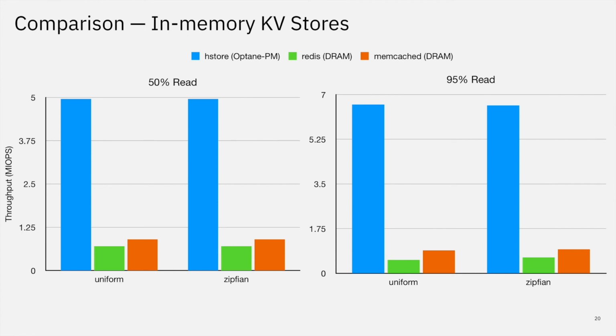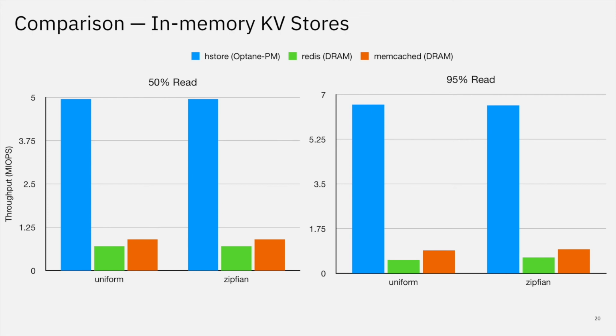Finally, we compare MCKVS with Optane PM with other popular in-memory key-value stores, namely Redis and memcached. Note that both are DRAM, but they are not designed towards performance. For example, they don't adopt RDMA zero-copy memory features, and also they are not threaded.